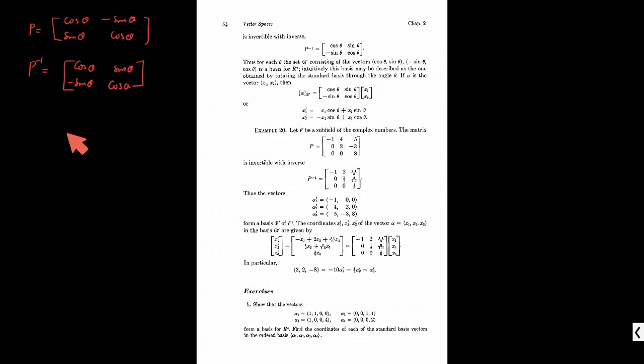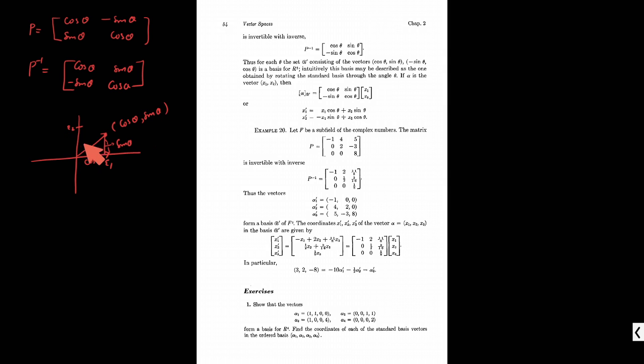In fact, what is the relevance of this matrix? Consider the standard basis epsilon 1 and epsilon 2, and rotate epsilon 1 through an angle theta. You can say that this length is nothing but cos theta and this will be sin theta. So you can represent the resultant vector obtained by rotating epsilon 1 as (cos theta, sin theta).